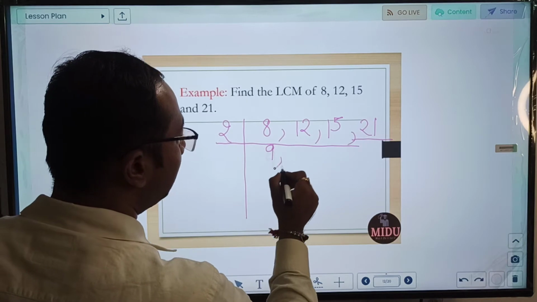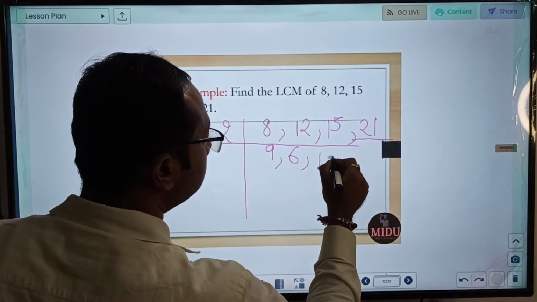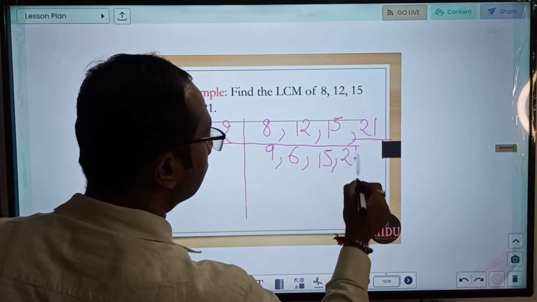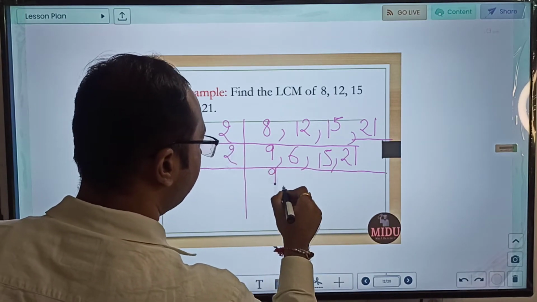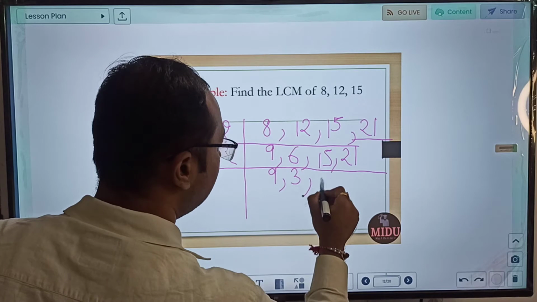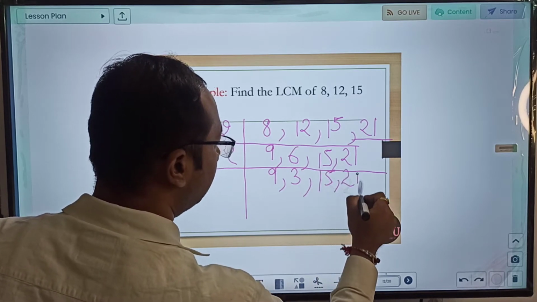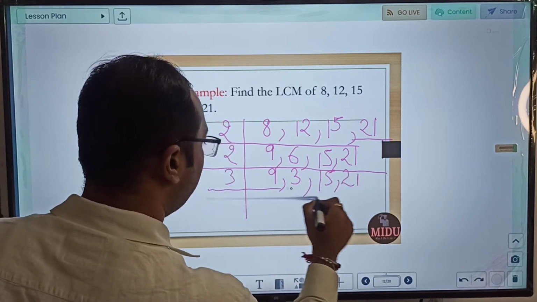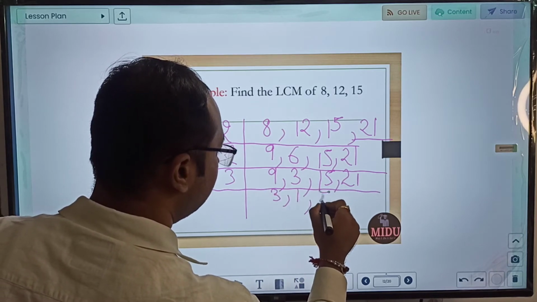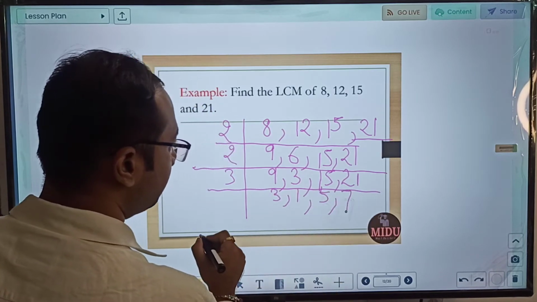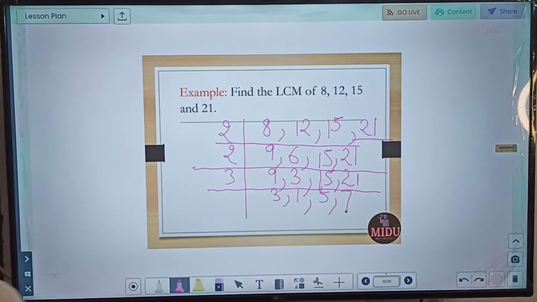Yes, this is 4, this is 6. Again there can be division by 2, this becomes 2, this becomes 3, this is 15, this is 21. Now no number is divisible by 2, so we divide by 3. It will be 1, 1, 5, and 7. Now 5 and 7 cannot be divided further.